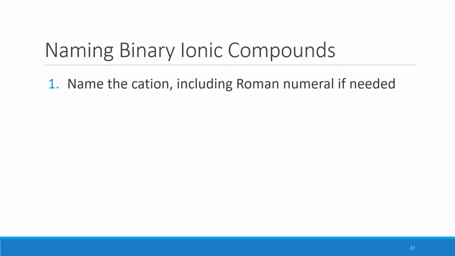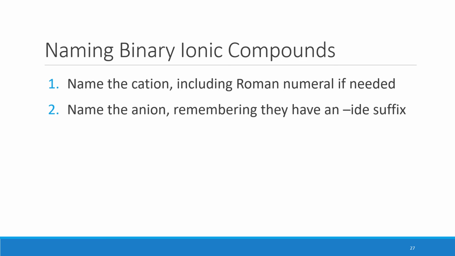Okay. Now, naming binary compounds. All we have to do is name the cation and name the anion. Little tricky here is we have to include the Roman numeral if needed. So that's where people usually find stumbling. But if no Roman numeral is needed, then you don't have to worry about it. The other thing you have to remember is when you're naming the anion, an IDE suffix.